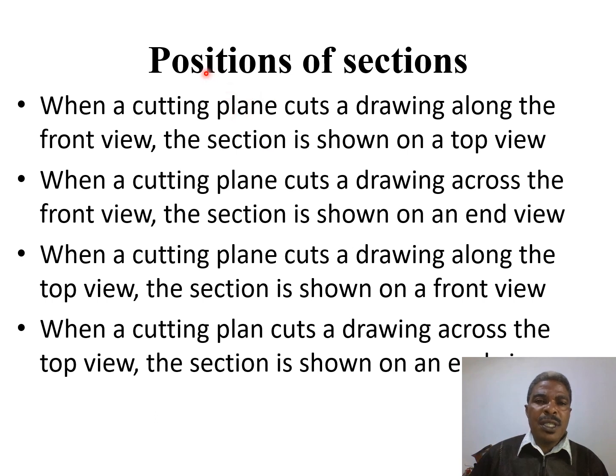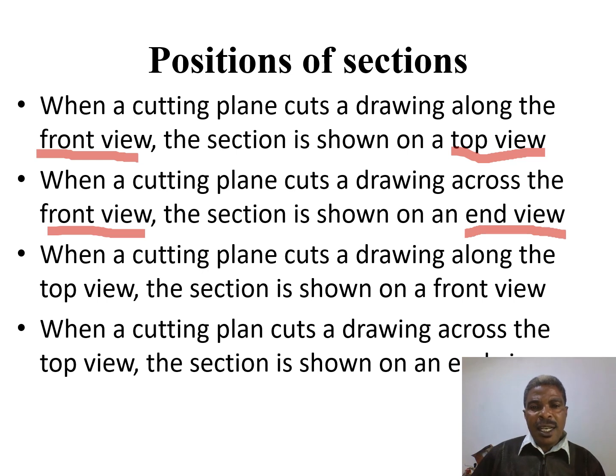So, positioning of sections. When a cutting plane cuts a drawing along the front view, the section is shown on the top view. And when a cutting plane cuts a drawing across the front view, the section is shown on the end view.